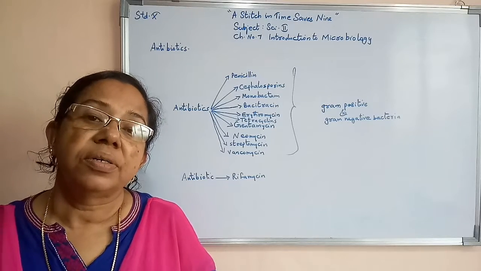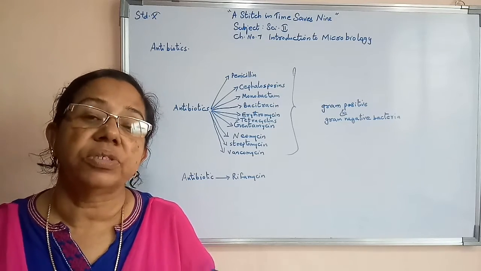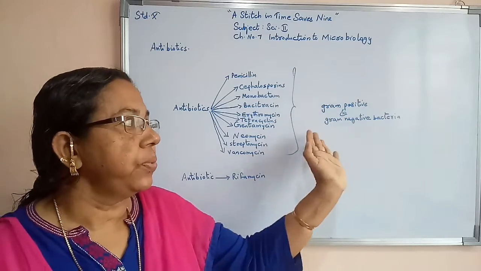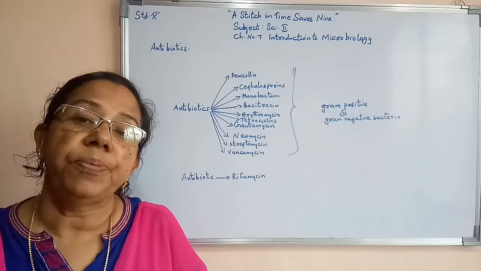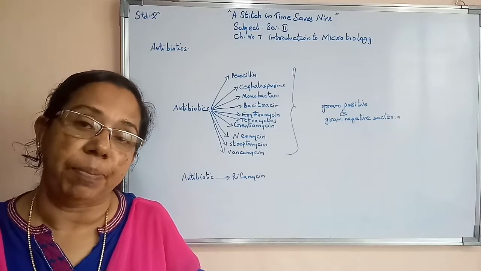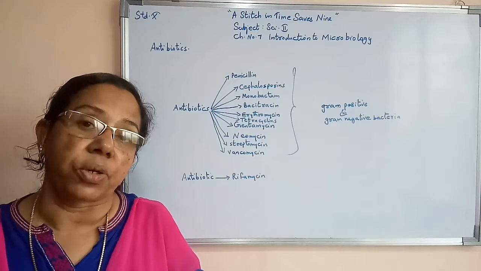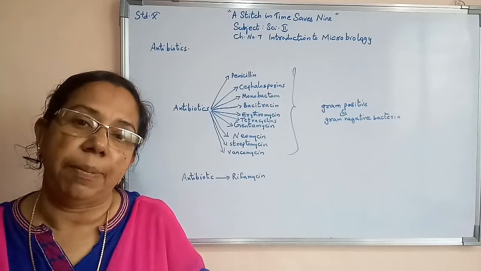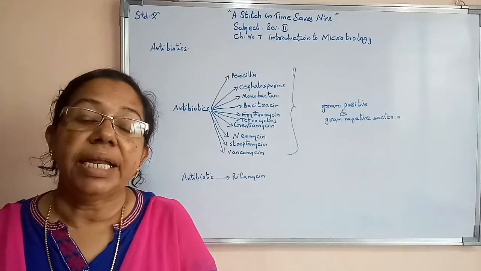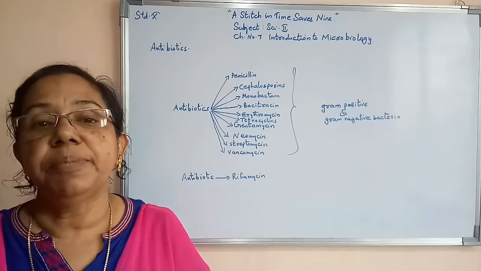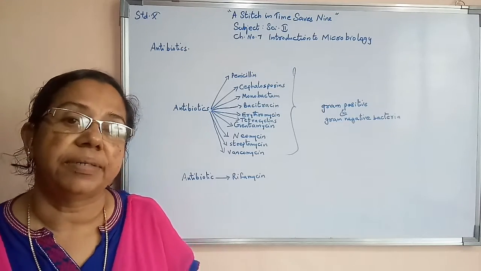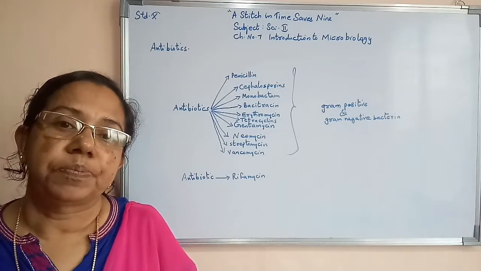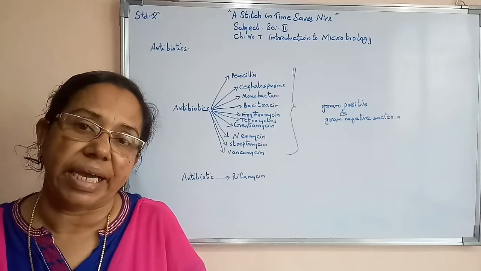For causing different diseases, gram positive as well as gram negative microorganisms are responsible, so for controlling their growth, all these antibiotics help. In human beings alone, not even counting animals, various diseases are caused by these bacteria or different types of microorganisms.